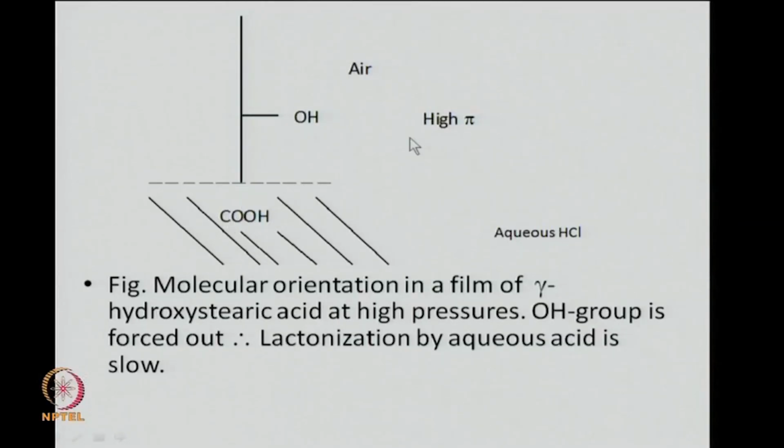At high film pressures, at high values of pi, we are forcing these OH groups away from the aqueous hydrochloric acid over which this film is, and under these conditions of increased surface pressures, the lactonization proceeds quite slowly, because now the OH group is not accessible for the action of this acid over here.